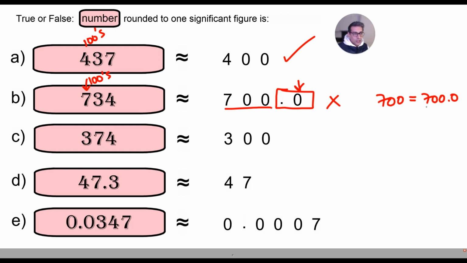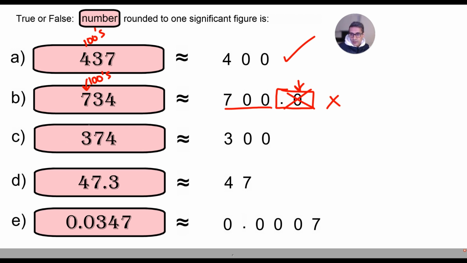So if I gave you 700.0 and I said it's been rounded to one significant figure or 3 significant figures, it should work. Now it doesn't work if I said to you this is rounded to 1 significant figure and you get 700.0. So the answer here should be just 700.